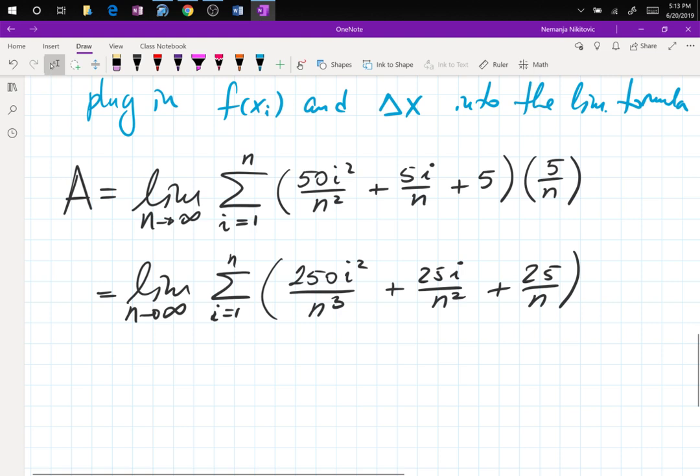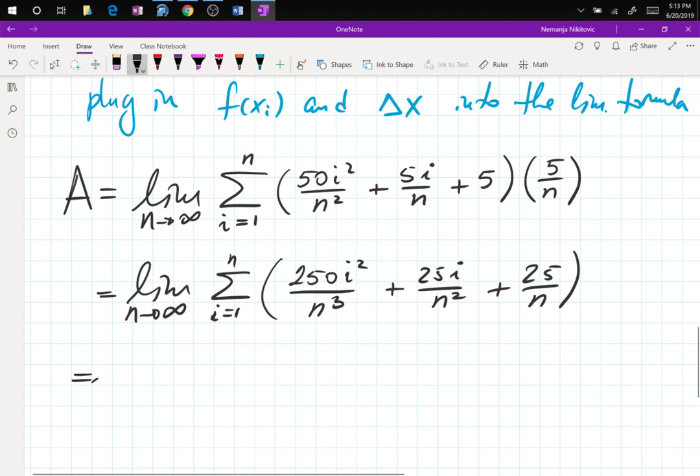Now, we had the formula last class where I said that the sums can be separated into individual sums. Remember how you can differentiate each term, you can integrate each term separately, you can do the limits separately. Well, you can do the sums separately.